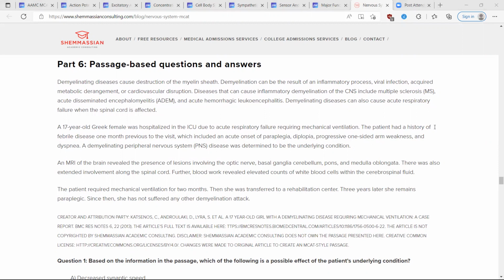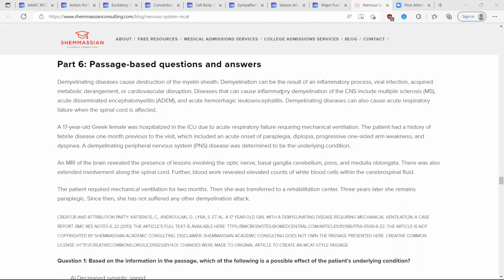Okay, so demyelinating diseases cause destruction of the myelin sheath. Demyelination can be the result of an inflammatory process, viral infection, acquired metabolic derangement, or cardiovascular disruption.